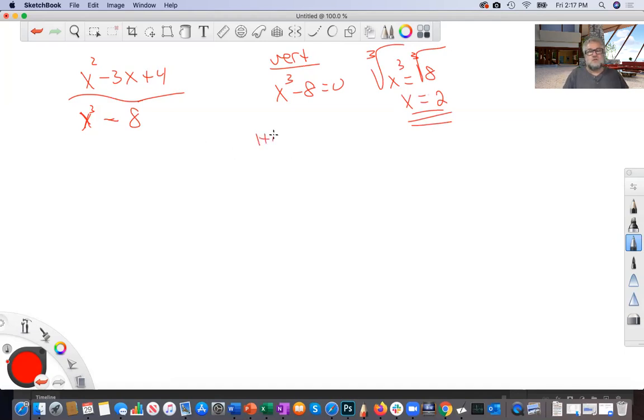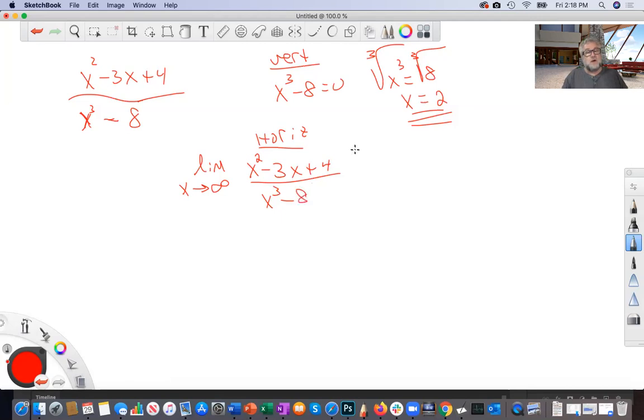For horizontal, I'm going to take the limit as x approaches infinity of x squared minus 3x plus 4 over x cubed minus 8.